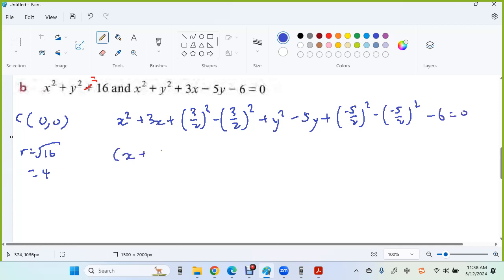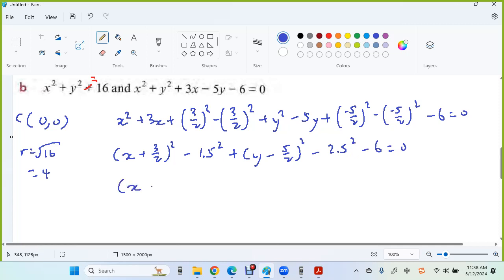So we have (x plus 3 over 2) squared minus 1.5 squared plus (y minus 5 over 2) squared minus 2.5 squared, minus 6 equal to 0.